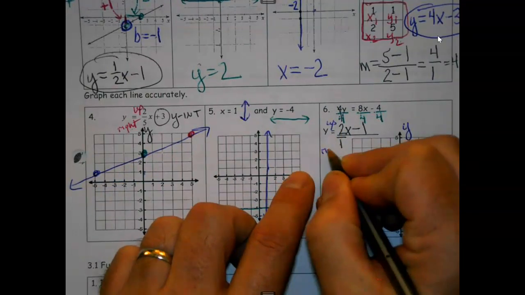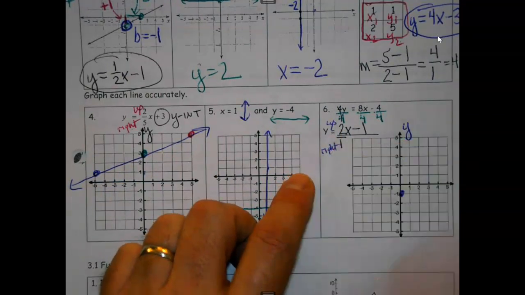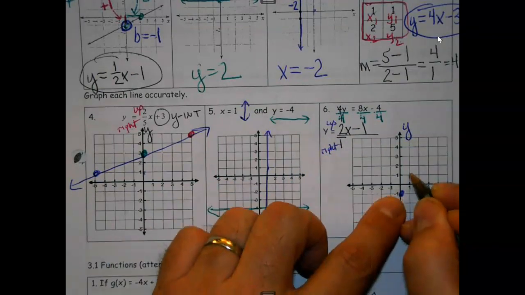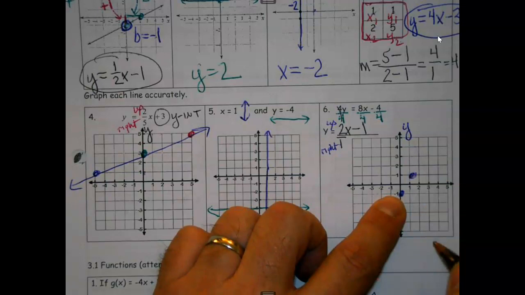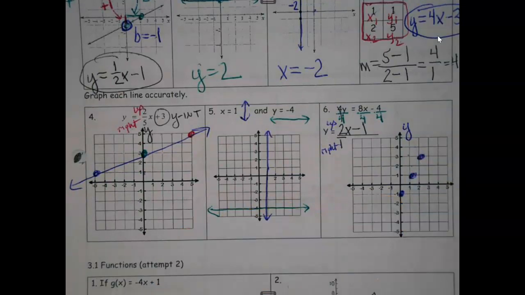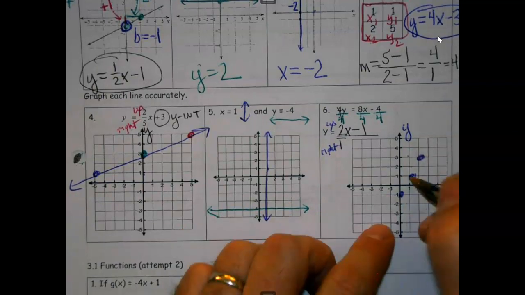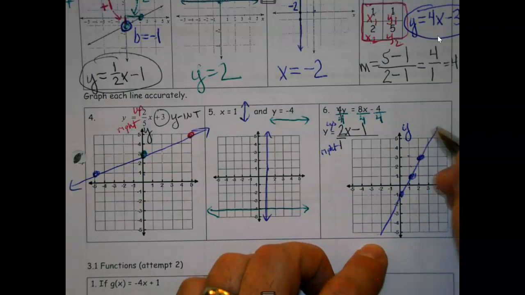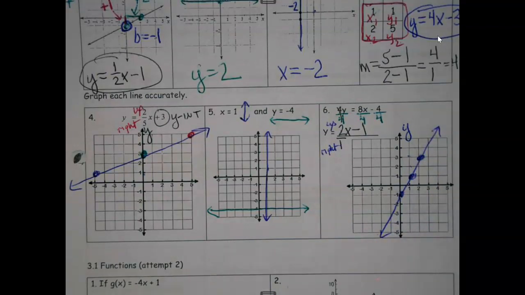Positive on the bottom. I'm going to go right 1. I'm going to go up 2 and right 1 from the first dot. Okay? Up 2 right 1, up 2 right 1. They all look like they're lining up nice. We'll get that in there and grind.